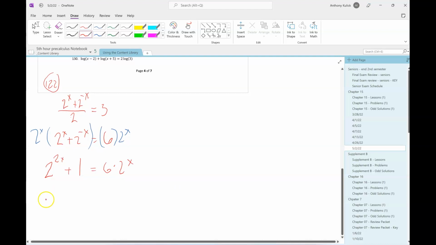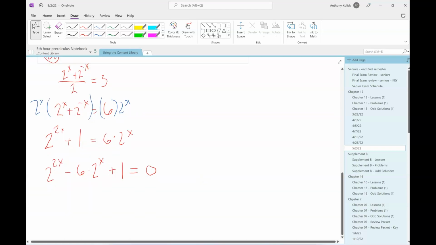So now I'm going to move everything onto one side. And what I have now is something that resembles a quadratic.